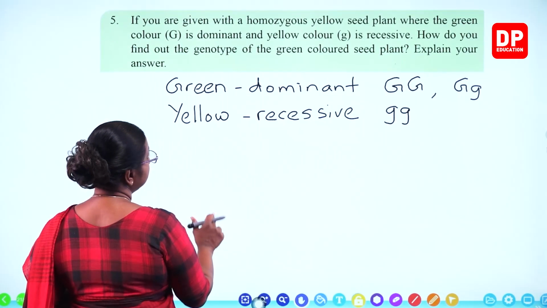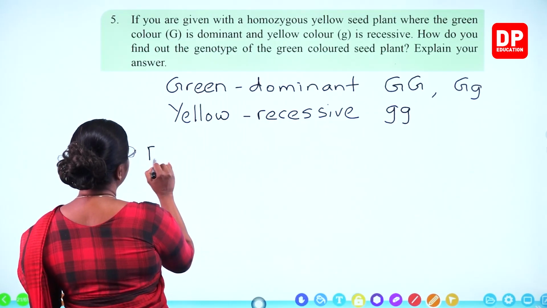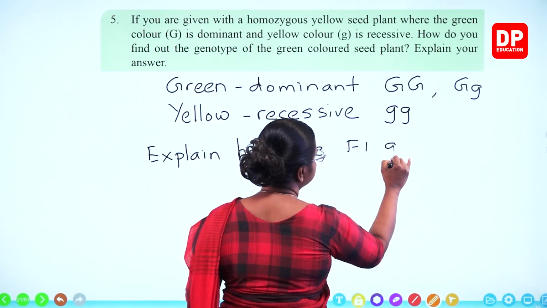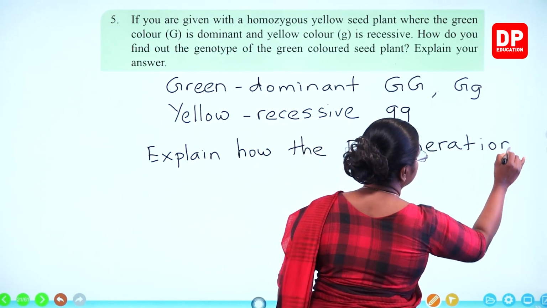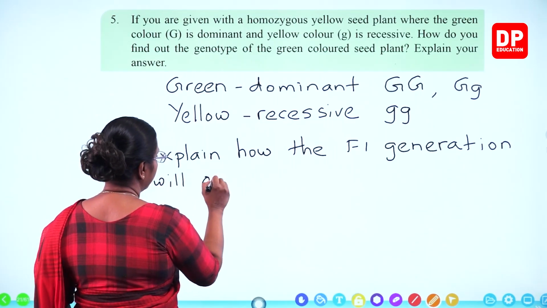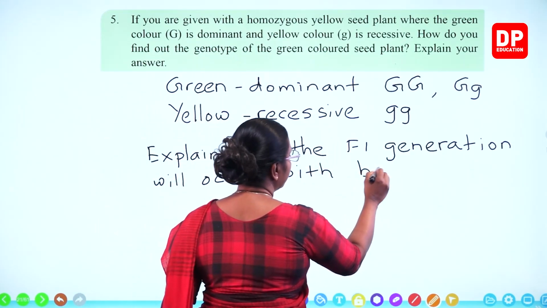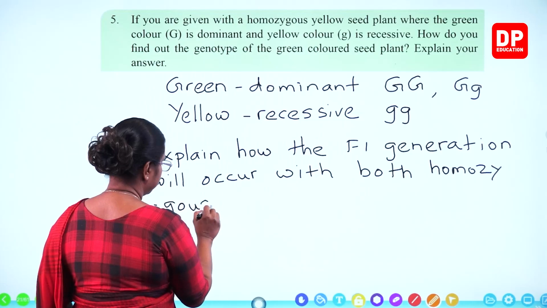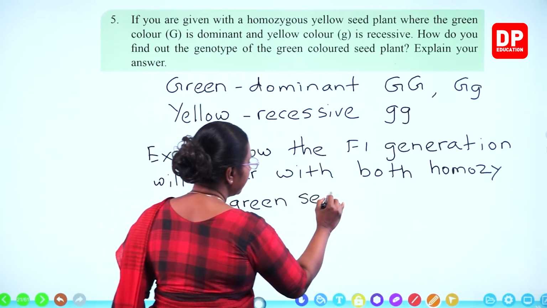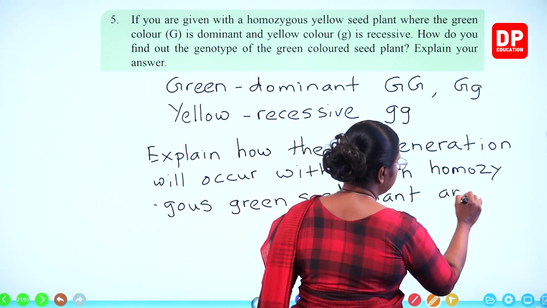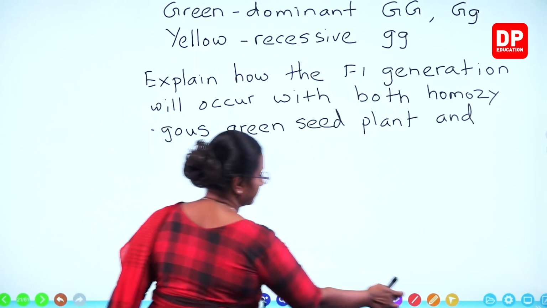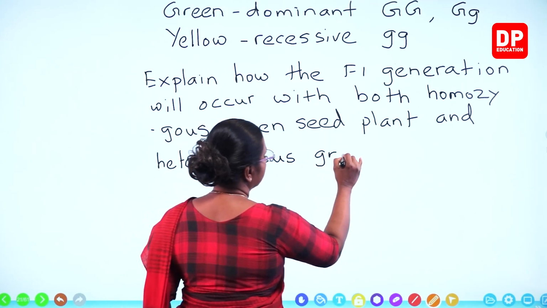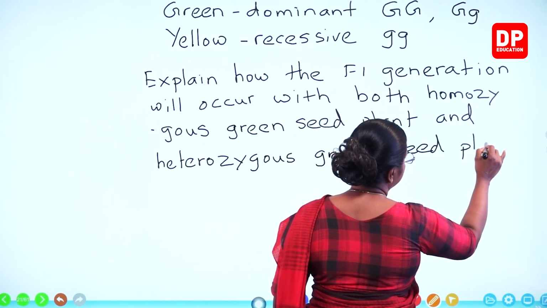So here, explain how the F1 generation will occur with both homozygous green seed plant and heterozygous green seed plant.